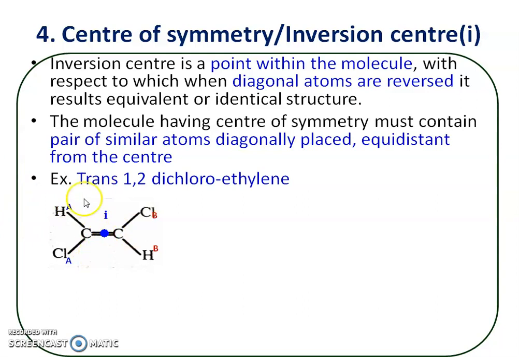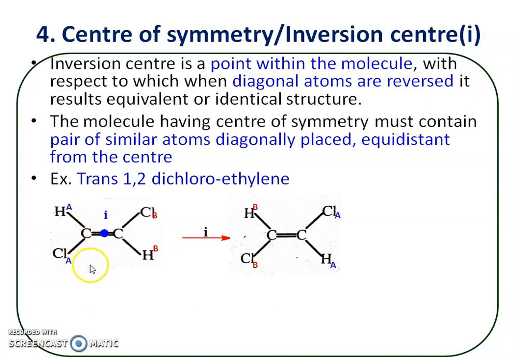Now with respect to this point, after this inversion operation, when diagonal atoms are reversed, ClA will take the position of ClB and ClB takes the position of ClA. Similarly, hydrogen A and hydrogen B take the positions of each other, and after the inversion operation we get this orientation.